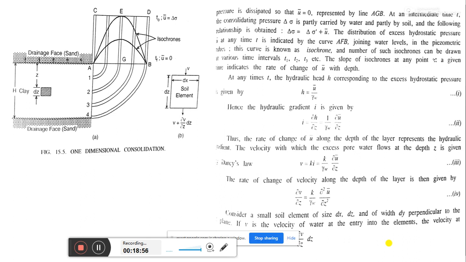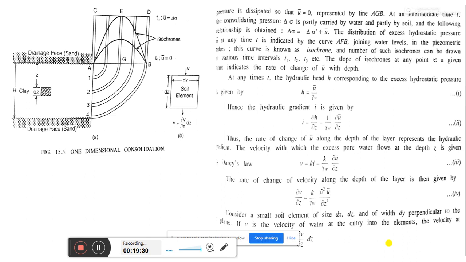When the layer is subjected to a pressure increment, that is delta sigma, excess hydrostatic pressure is set up in the clay layer. Excess hydrostatic pressure means the pressure from the water present in the soil is set up in the clay layer.